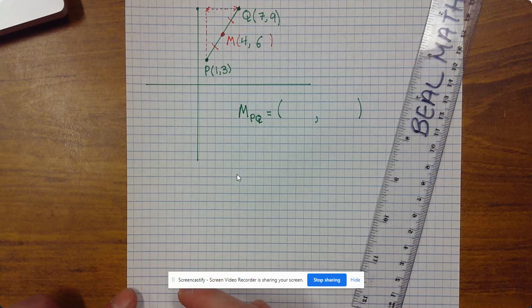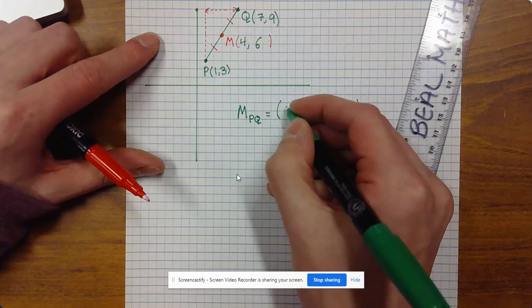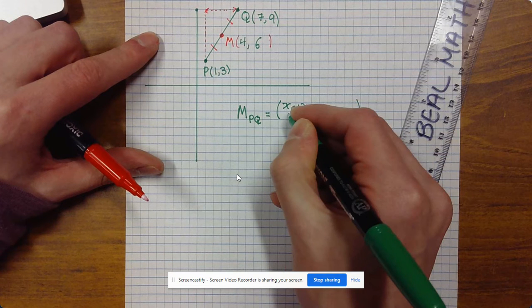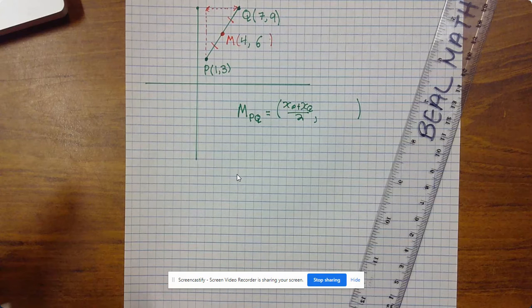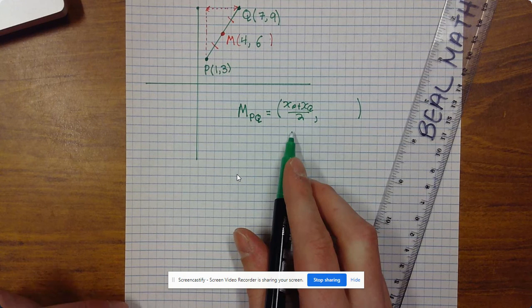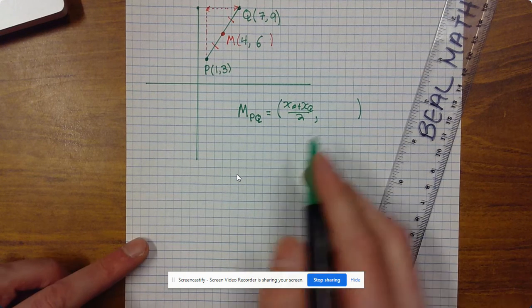So I want to average the two x's. I'm going to add up both x coordinates, and then to find the average I'm just going to divide by 2. So I'm going to do x_P plus x_Q divided by 2. Same way that to find your average in high school, you would add up your marks for all 4 courses and then divide by 4 to figure out your average mark. So same thing, the midpoint or the average x coordinate, I add up the two x's and divide by 2.